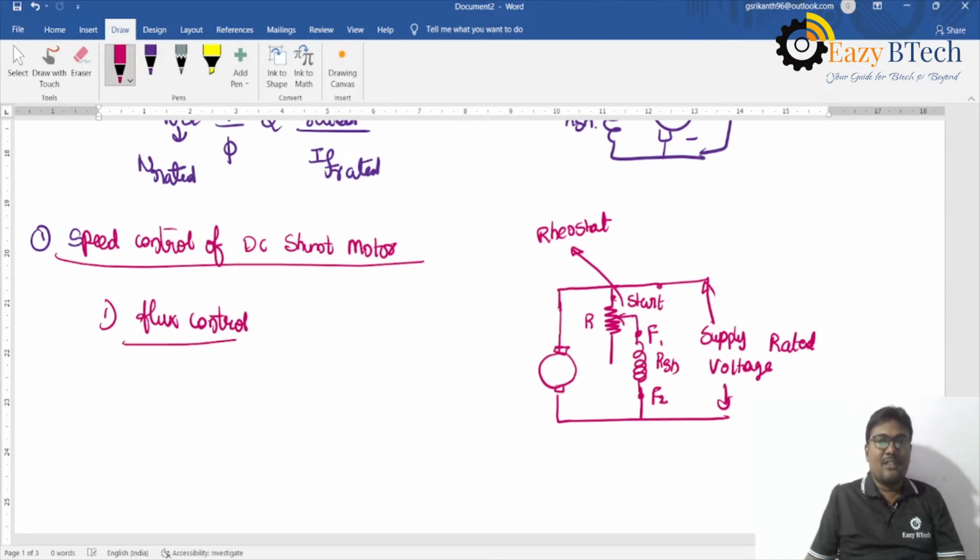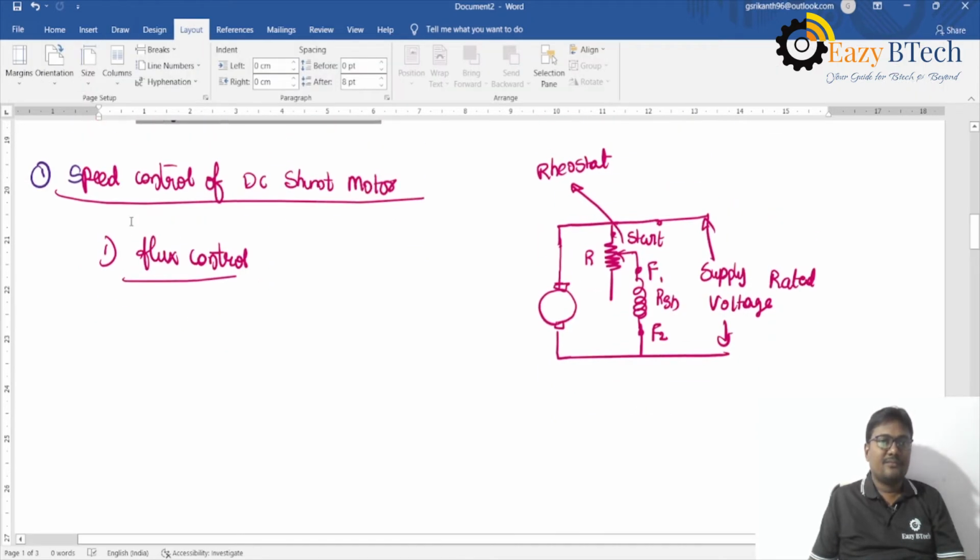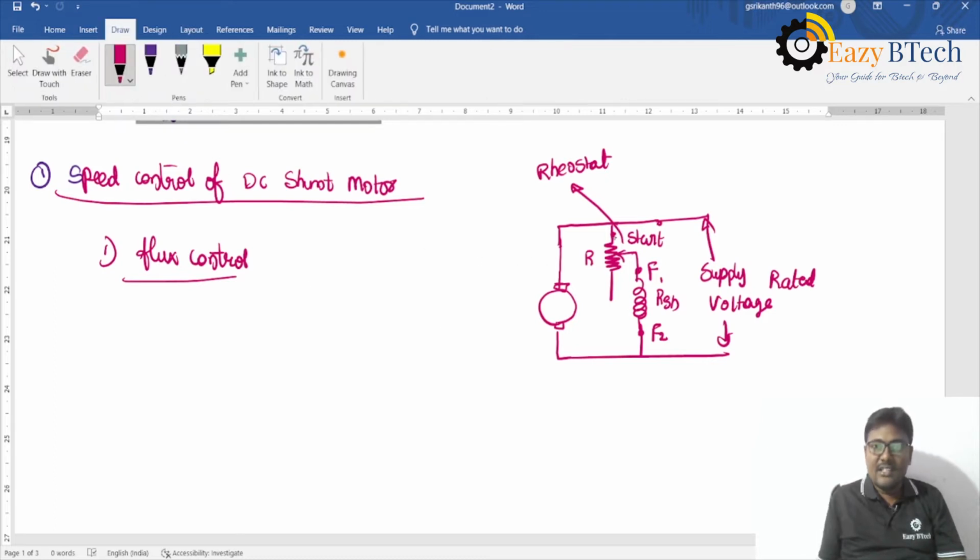So coming to the flux control method, initially it is at the start position. If the variable point is at this position, no resistance is included. The external resistance will be 0, and only the field winding is present. The supply voltage will be applied across the field winding.